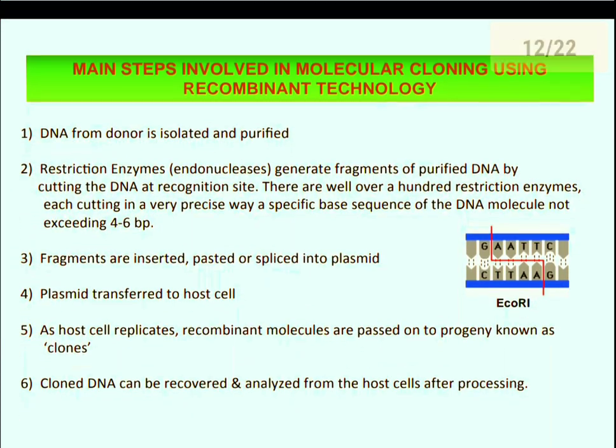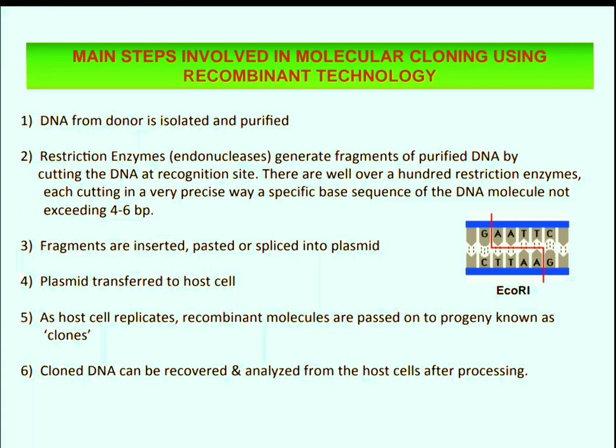In this slide we see the main steps involved in molecular cloning using recombinant technology. Number 1, the DNA from the donor is isolated and purified. Number 2, restriction enzymes, basically endonucleases, generate fragments of purified DNA by cutting the DNA at recognition sites.